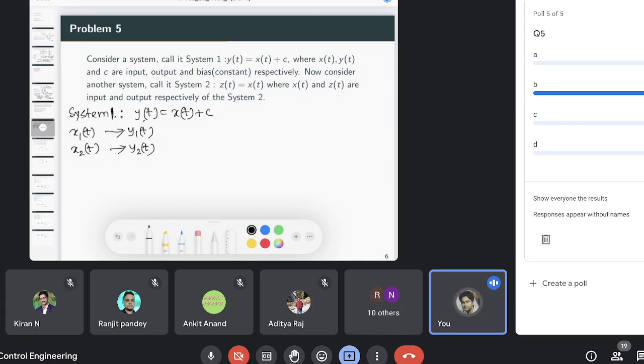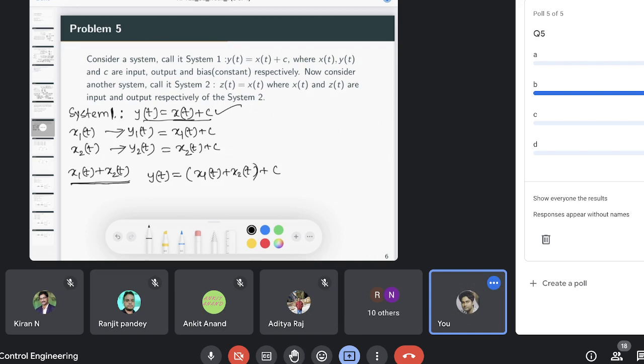Then from this expression you see that y1 will be simply x1t plus c, similarly y2 will be x2t plus c. Then you give the input as a summation of these two, x1 plus x2, and see what the output will be for this input. Using this equation, the output yt will be x1t plus x2t plus this constant c.